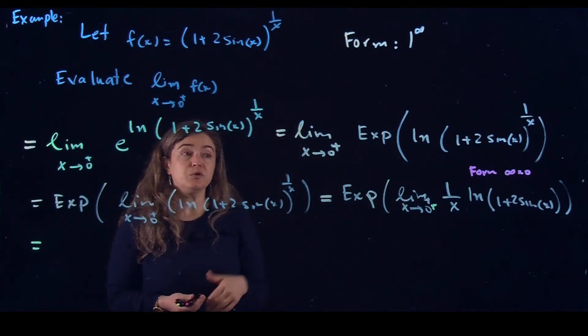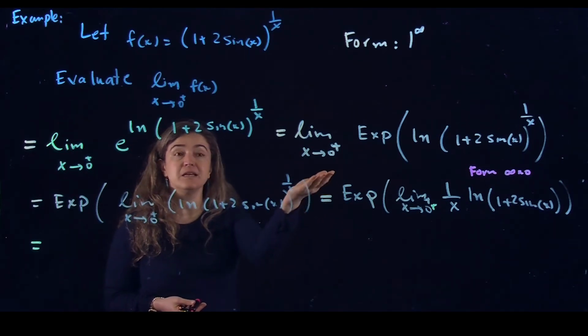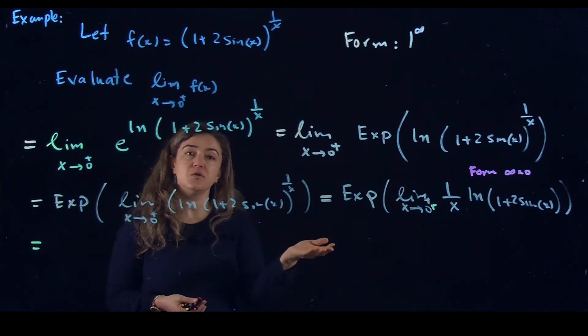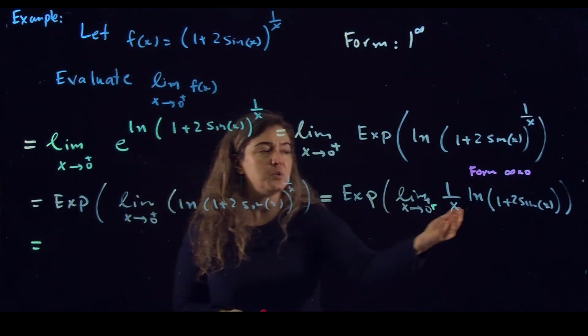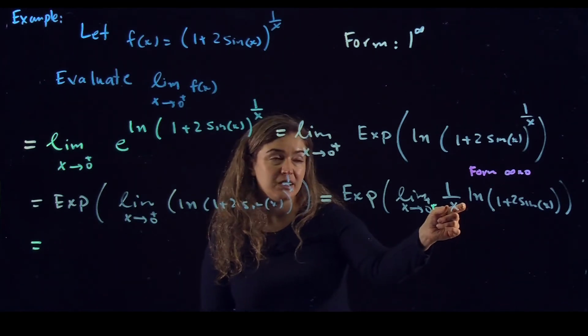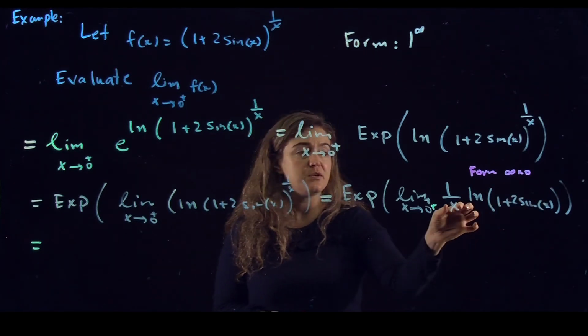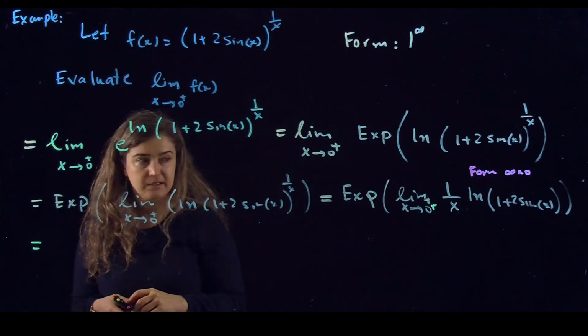Using L'Hopital rule requires me reformatting this into a 0 over 0 or infinity over infinity. This one is somewhat obvious. X is in the denominator anyway. This goes to 0, this goes to 0, so let's put them as a quotient.